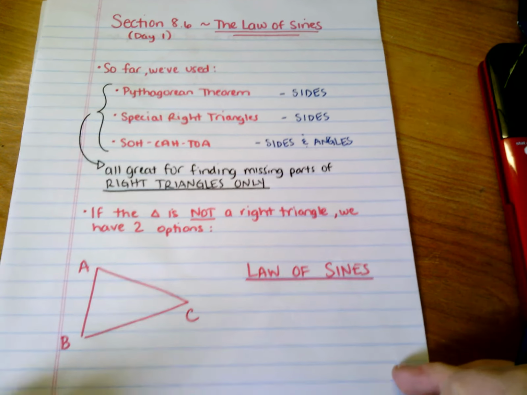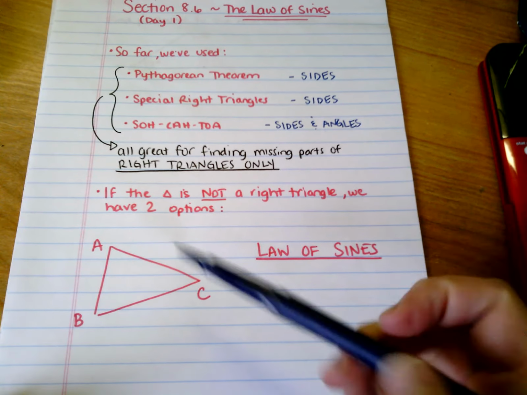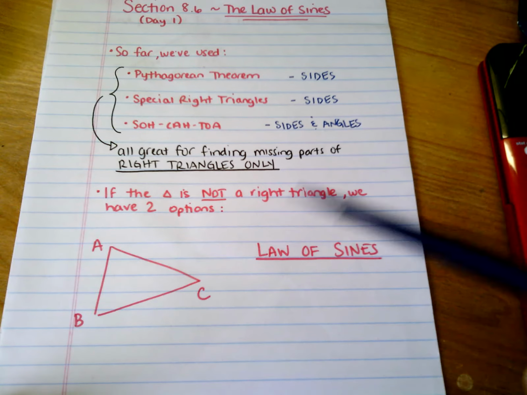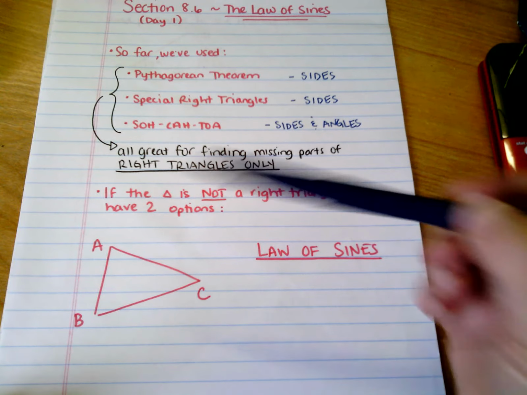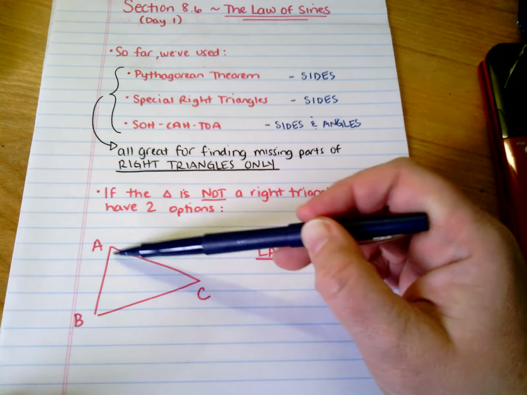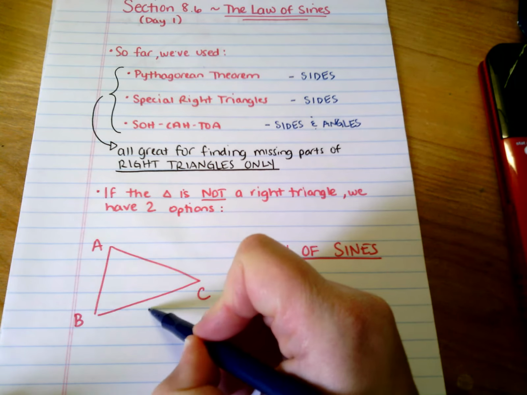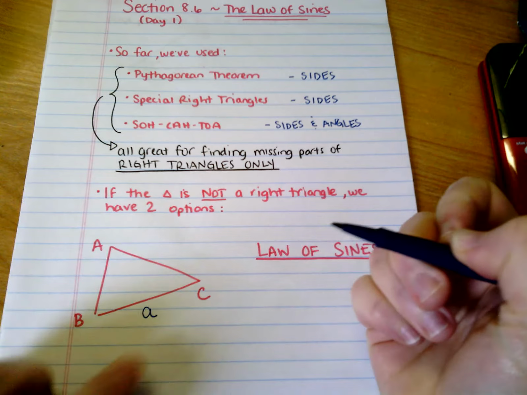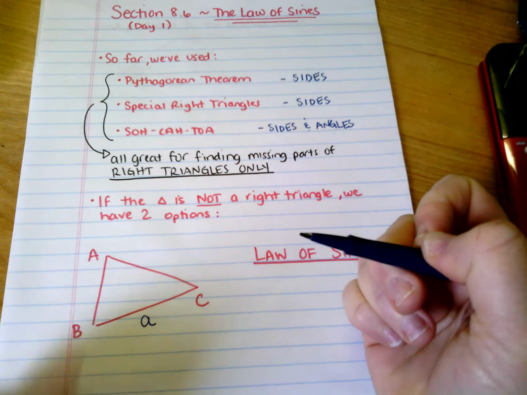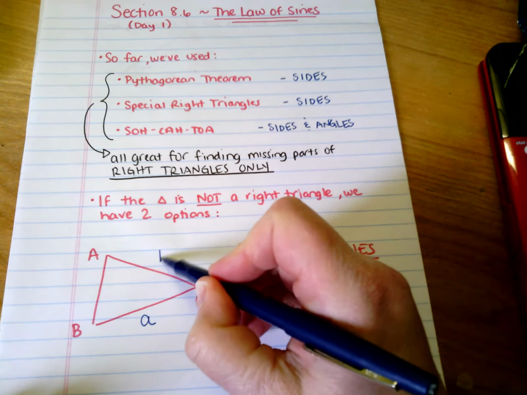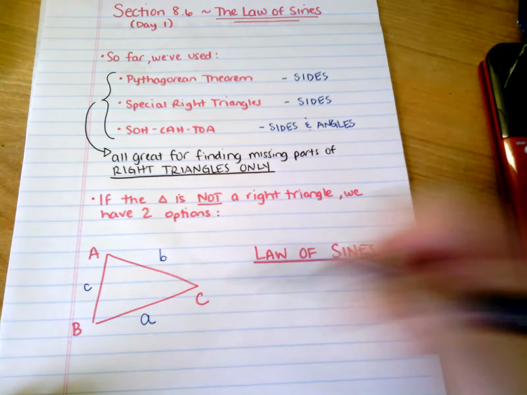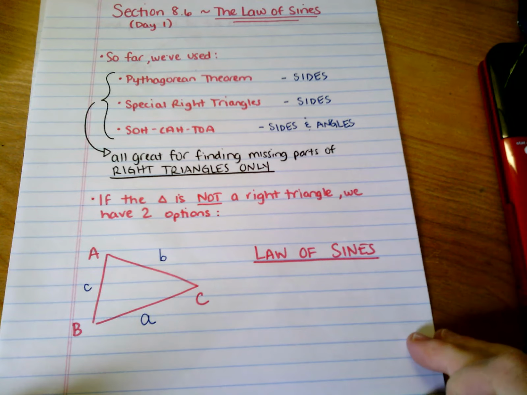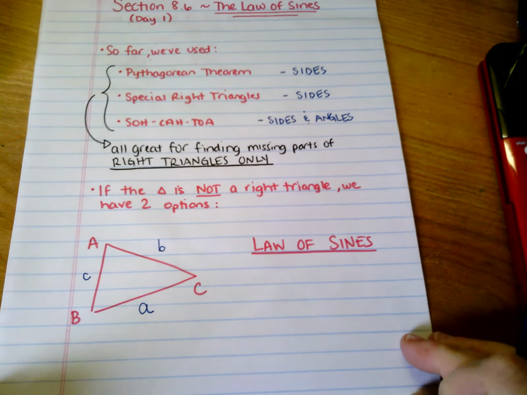But before we talk about what the law of sines is, I want to make sure we remember notation for triangles. Generally speaking, if we have angles named A, B, and C, the side opposite the angle is named with the same letter but the lowercase version. So side A is opposite angle A, side B is opposite angle B, and side C is opposite angle C. And the law of sines is basically just a big old proportion.